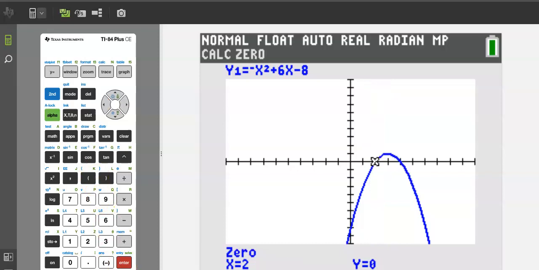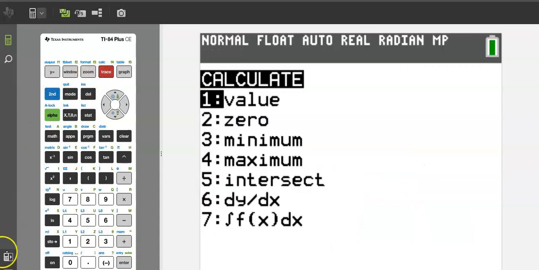And there's your first one, which is what we saw on the table. Run the same program to do the other one. But you can also look at this and it makes sense: 2, 0 and 4, 0. What would I use on here to find the y-intercept? Value.